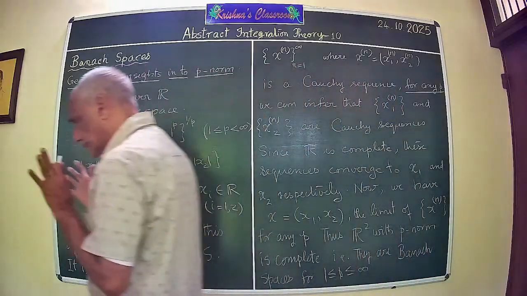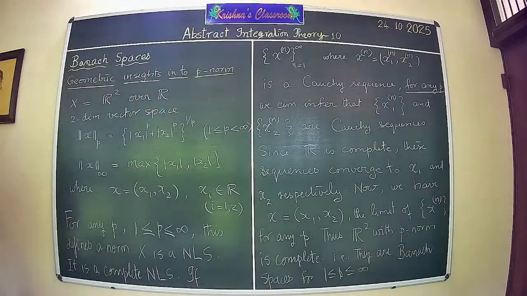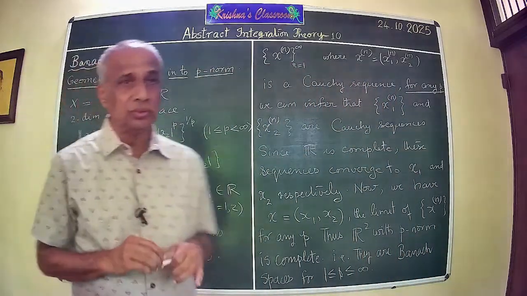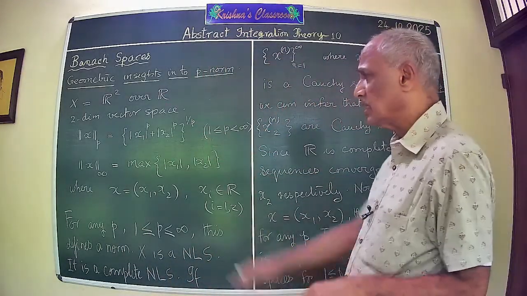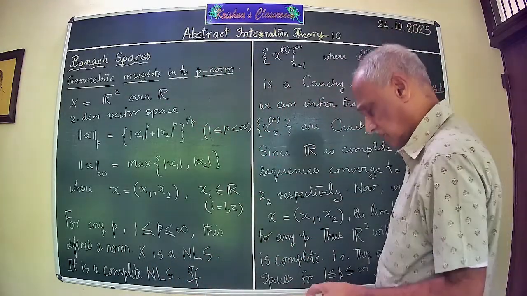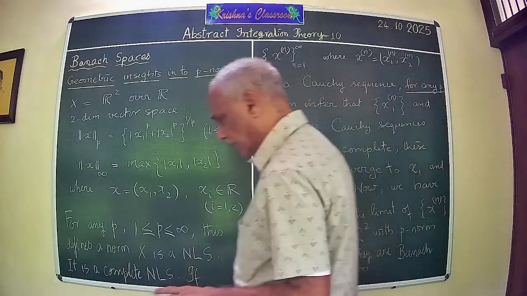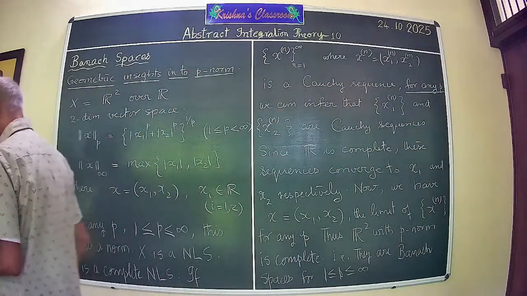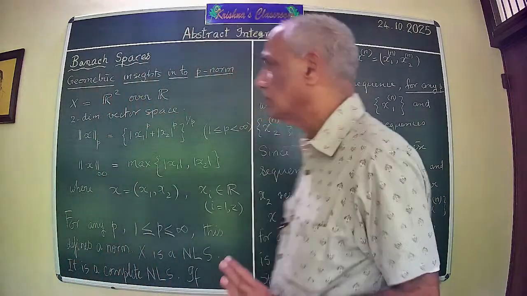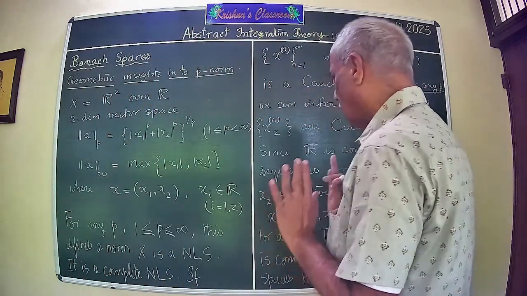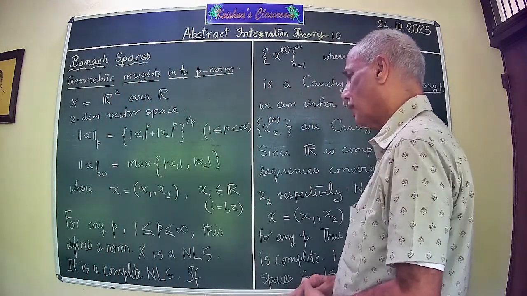Now, to get a geometric insight into the structure of the sphere, it is immaterial which p you make use of. It is the entire R2, and that's a complete normed linear space. Therefore, they are all Banach spaces. Okay.